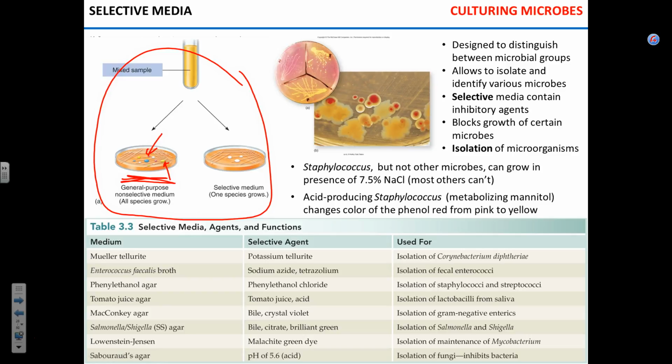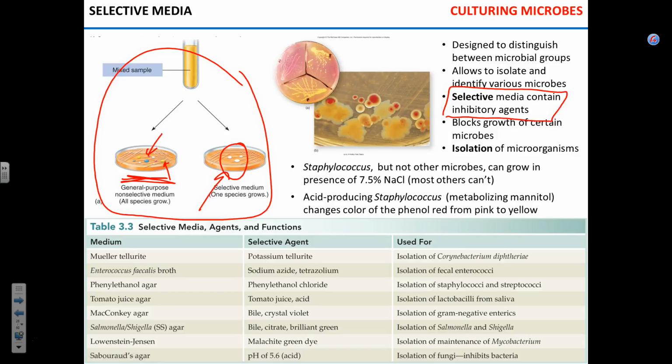You put exactly the same sample on the selective medium, and only one species grows, because the medium contains something that prohibits growth of certain types of microbes. Does that make sense?